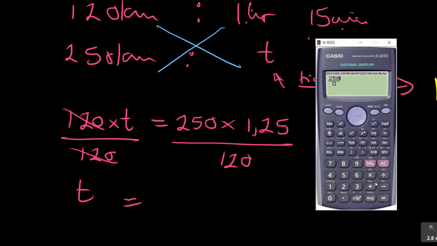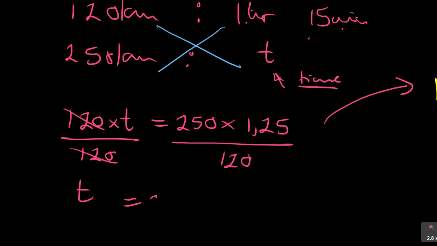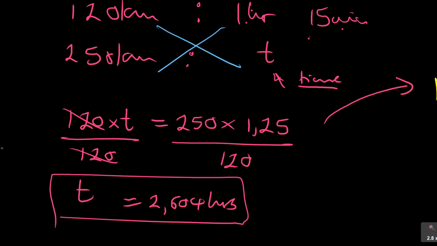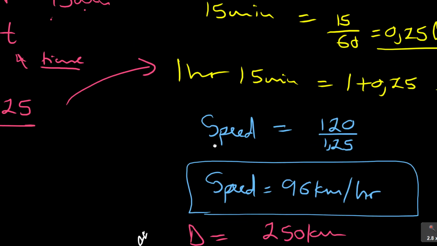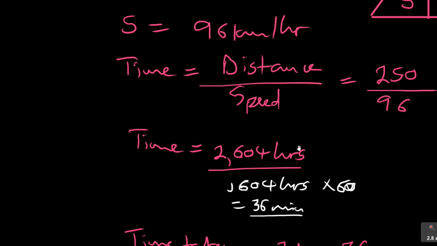250 times 1.25 over 120. Therefore, it is 2.604. You see that? 2.604. Remember, it was hours. Then from here, we are back here: 2.604.